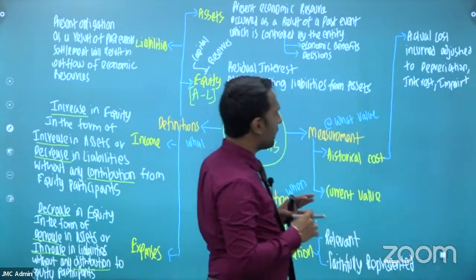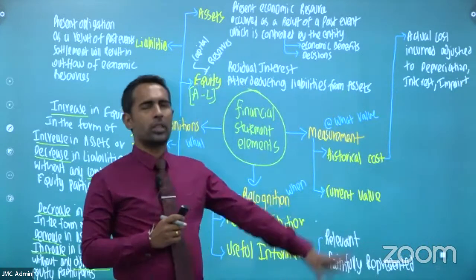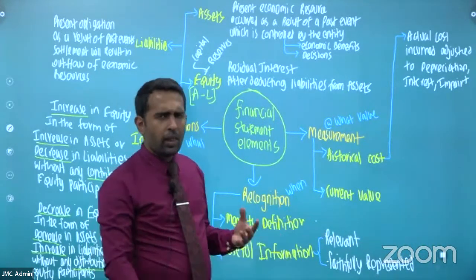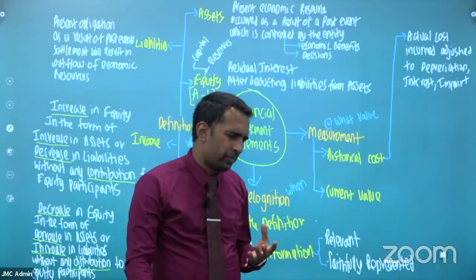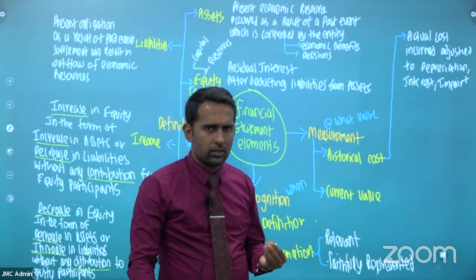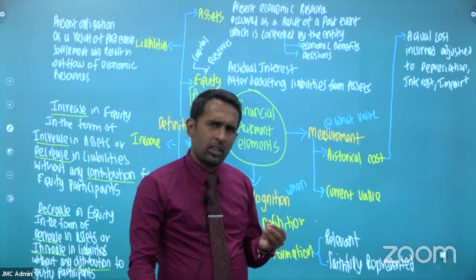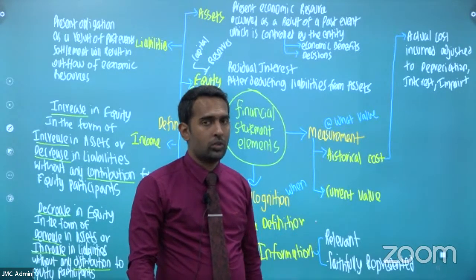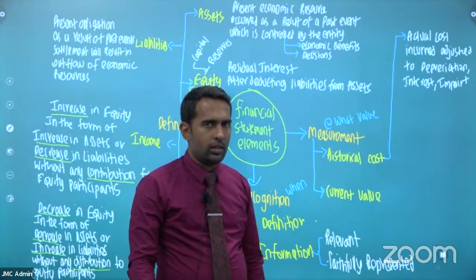Historical cost is the actual cost incurred. For an example, I purchased a land 50 years back at 10,000. So that 10,000 is my historical cost, the actual cost.